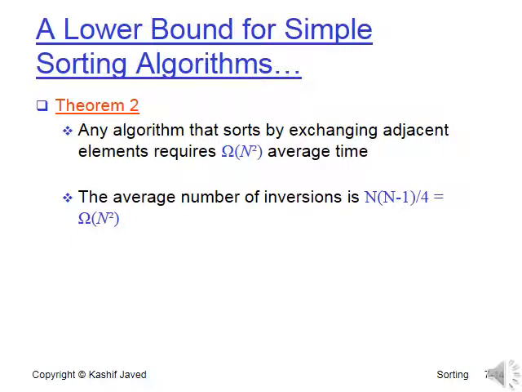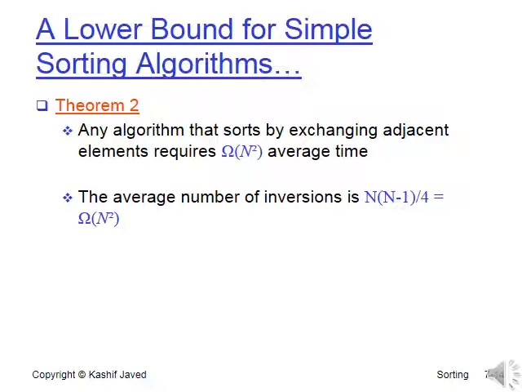Theorem 7.2 states that any algorithm that sorts by exchanging adjacent elements requires big omega n squared time on average, which can be proved since the average number of inversions is initially n times n minus 1 divided by 4, which is big omega n squared.